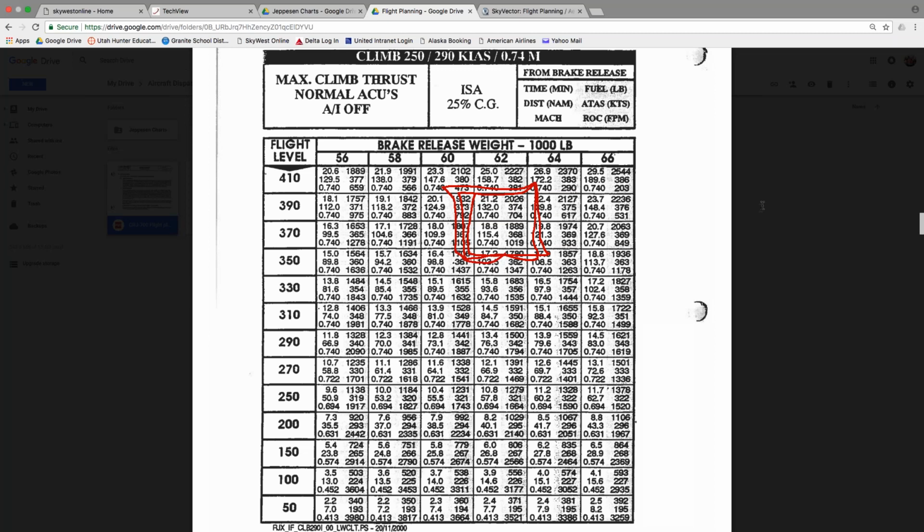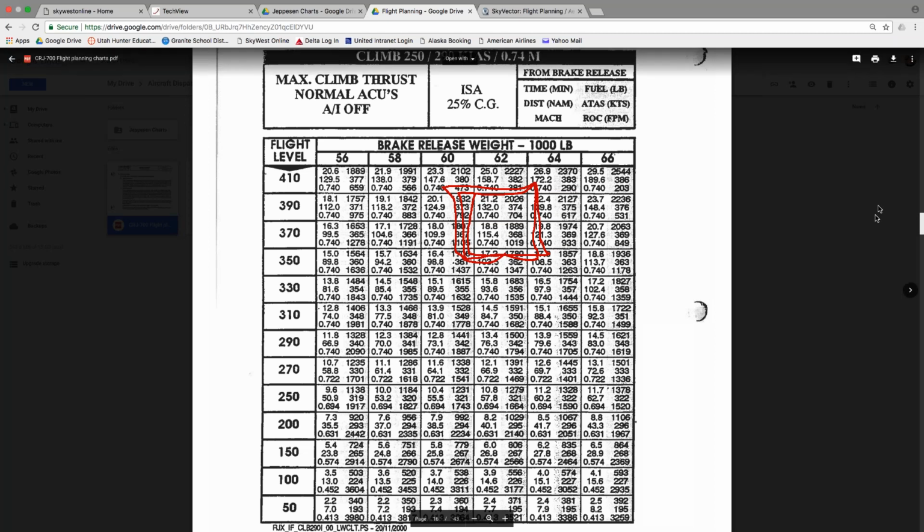Okay, these two boxes. Find me my average. And what are we worried about?